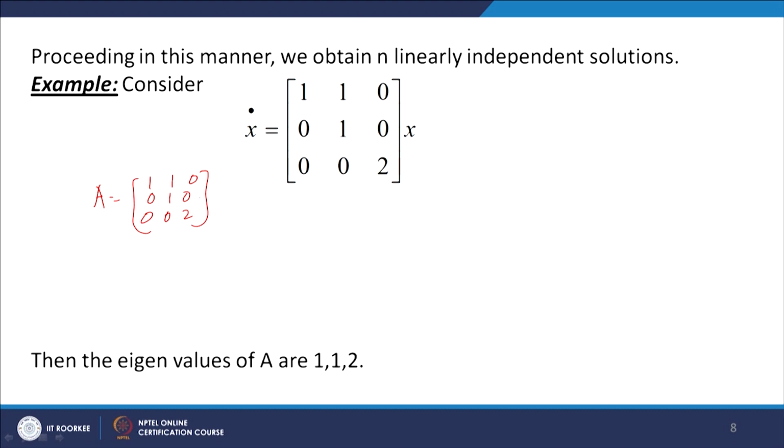Let us note that A is an upper triangular matrix. So, the eigenvalues of A are the diagonal elements of A. The diagonal elements of A are 1, 1, 2.